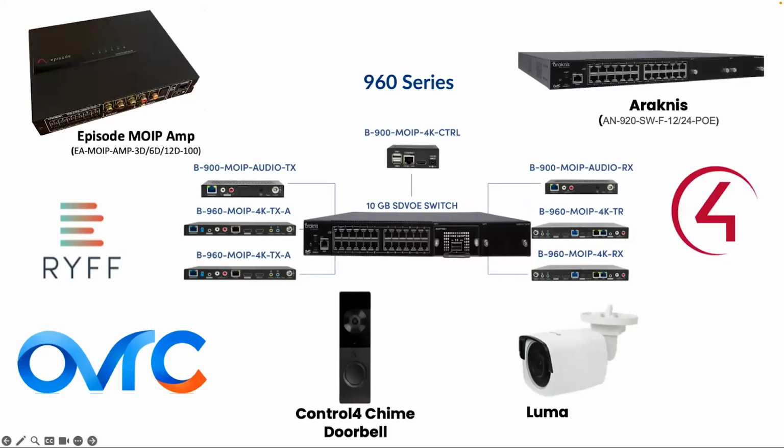So as you can see, the MoIP 960 ecosystem has expanded beyond just AV distribution to bring in surveillance and streaming applications that make up the media component. So with the opportunity to scale solutions, you can offer your current and prospective customers an extended array of benefits that will integrate seamlessly with Control4 systems.